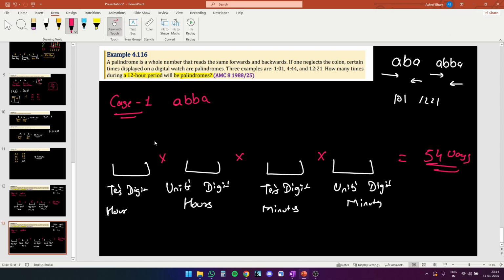Can I say it can be 10, 11 or 12? For the first digit it can be either 0 only or 1 only, 0 or 1. And we cannot take 0, because if it's 0 it has already been considered in the earlier case, which means we have only one choice for the tens digit, so it is going to be 1.